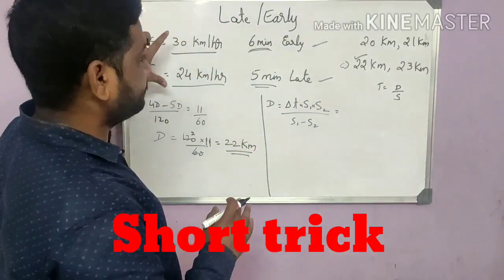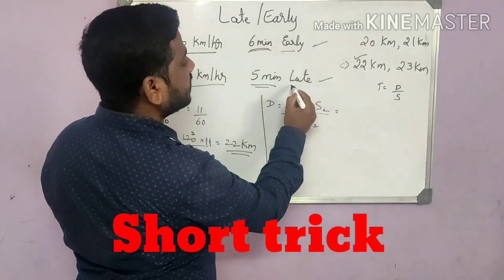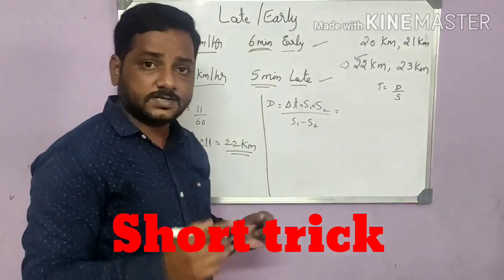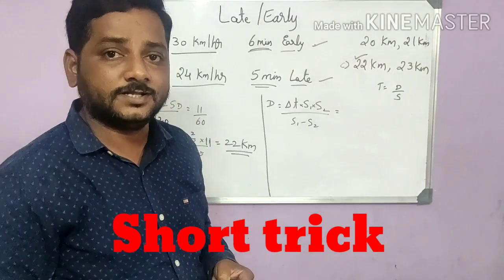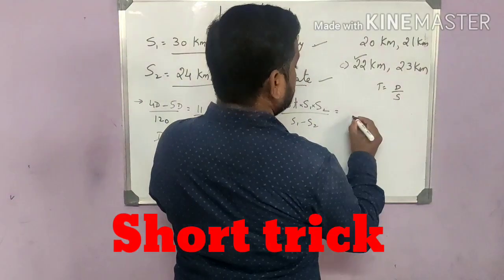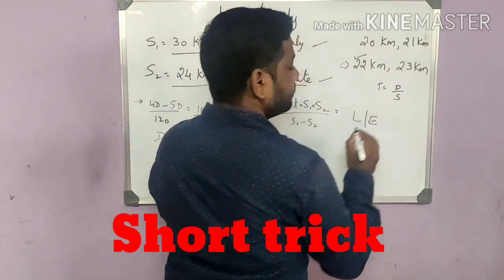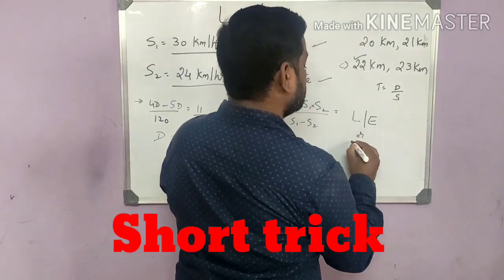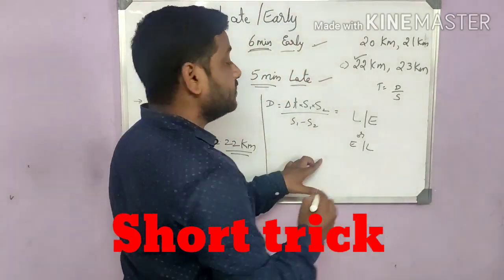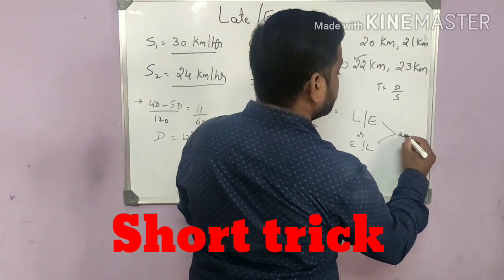In this question, we have the concept of early and late. So in one statement it is early and in another statement we are reaching late. If you have late and early, or early and late, then you need to add the time.